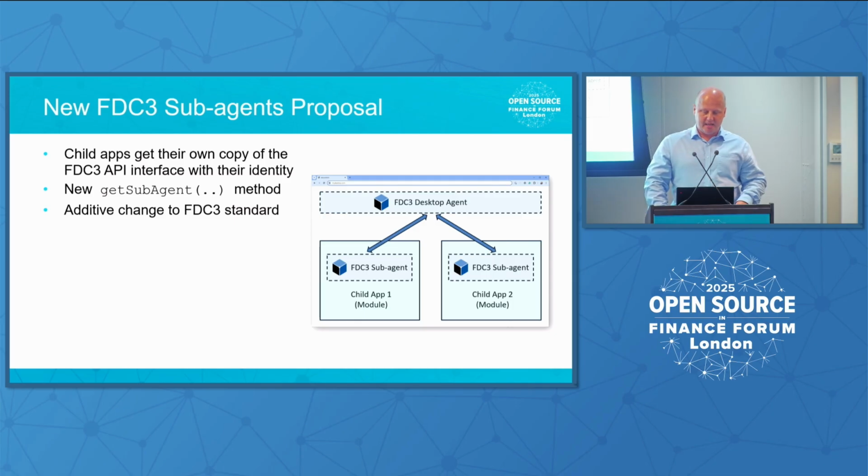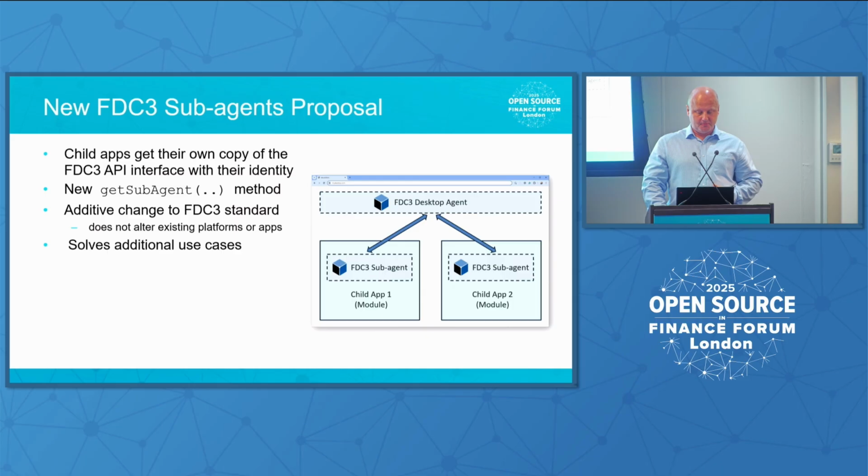And I need to be clear, this is an additive change to the FDC3 standard. It will not alter our existing apps or platforms. They can continue to use FDC3 in the same way they do today. What this does do is it solves additional use cases. It will allow multiple FDC3 enabled apps to run within the same parent window or within the same document object model for the first time.